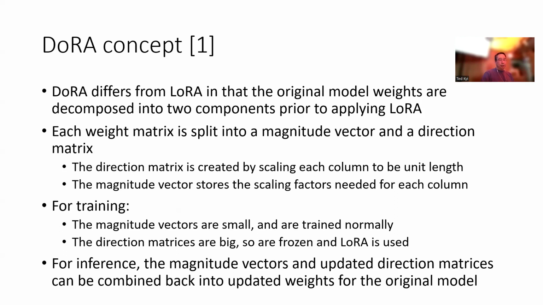So what they're saying is, I'm going to change my weight matrix so that every column is length 1. I'm going to save off the length of each column as the scaling factor, and then divide each column by its length so that now they're all unit length.